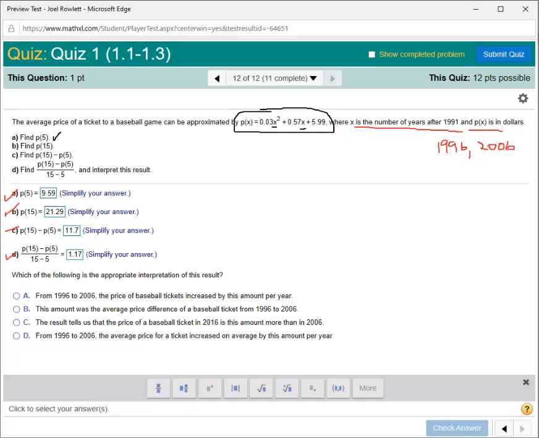Well, let's think about what P of 15 minus P of 5 would represent. P of 15, which is 2006, right? This is the average price of a ticket to a baseball game. So the average price in 2006, which would be P of 15, would be $21.29.